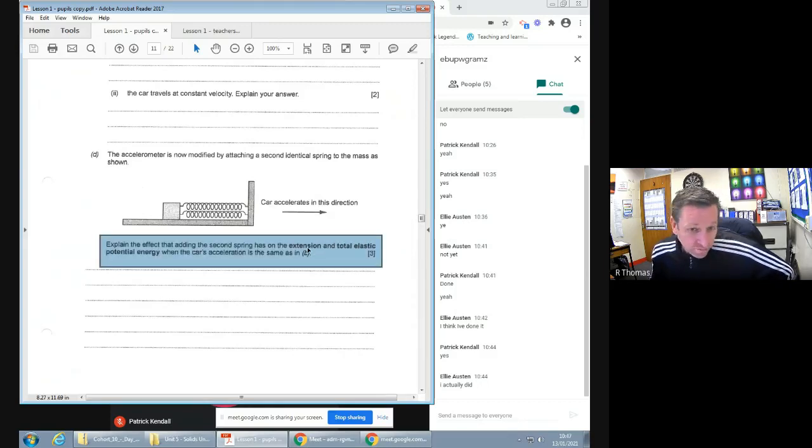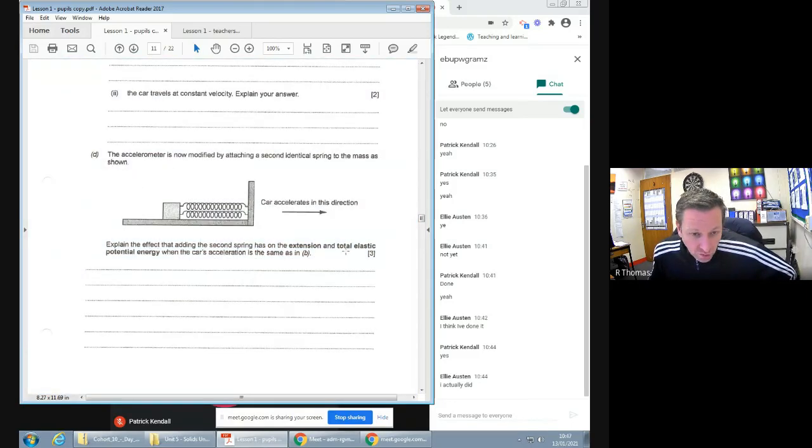You've got that for free. And then knowing that the extension is halved, what effect does that have on the total elastic potential energy? Don't forget that elastic potential energy is represented by the equation a half kx squared. So if the extension is halved, what happens to the total potential energy?